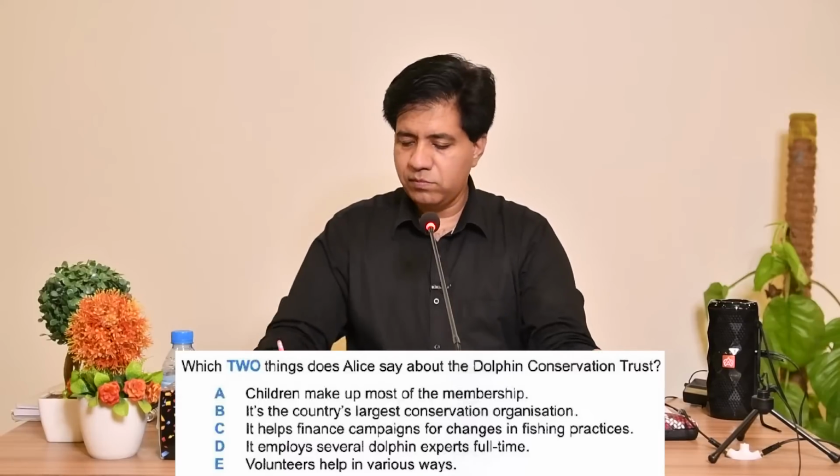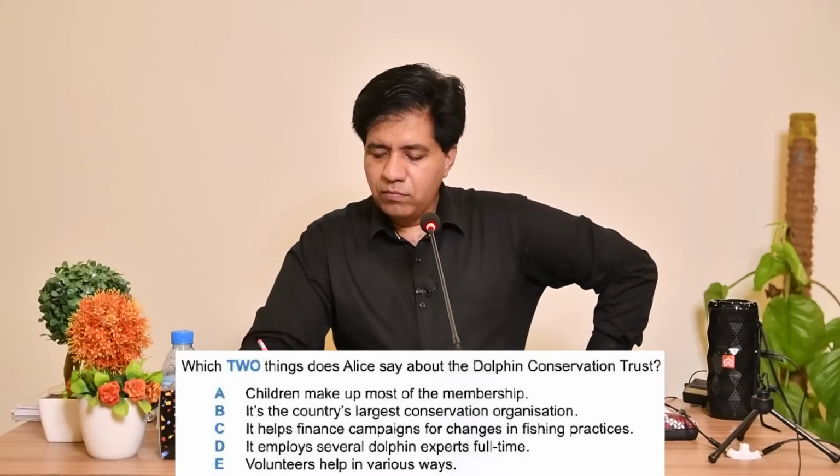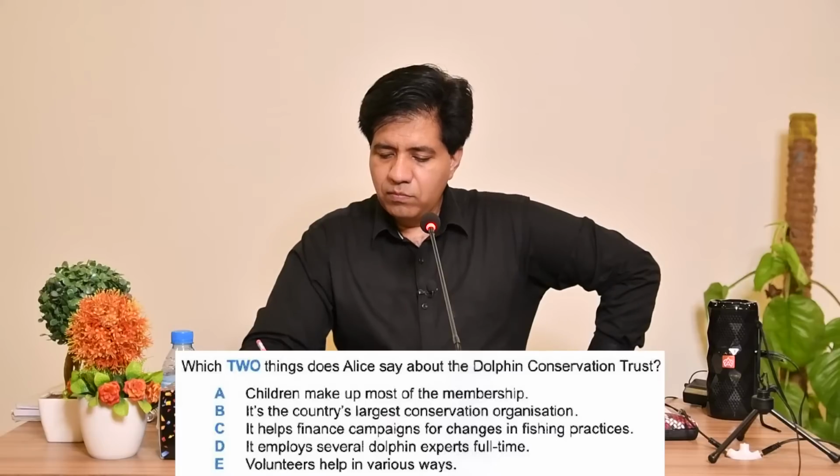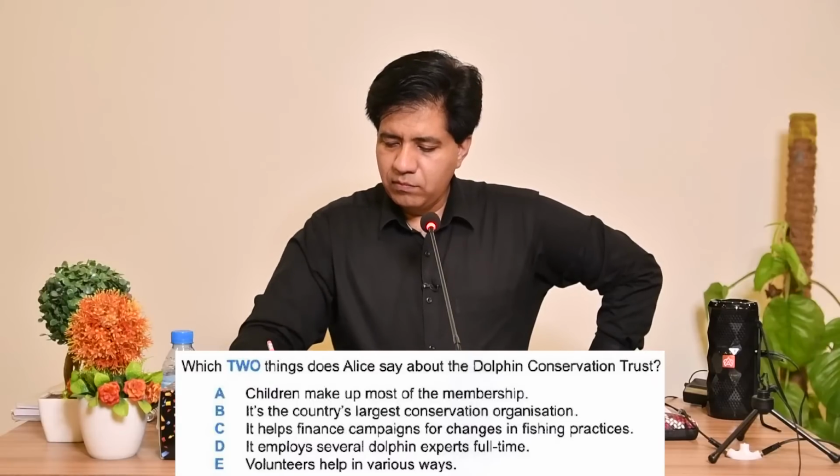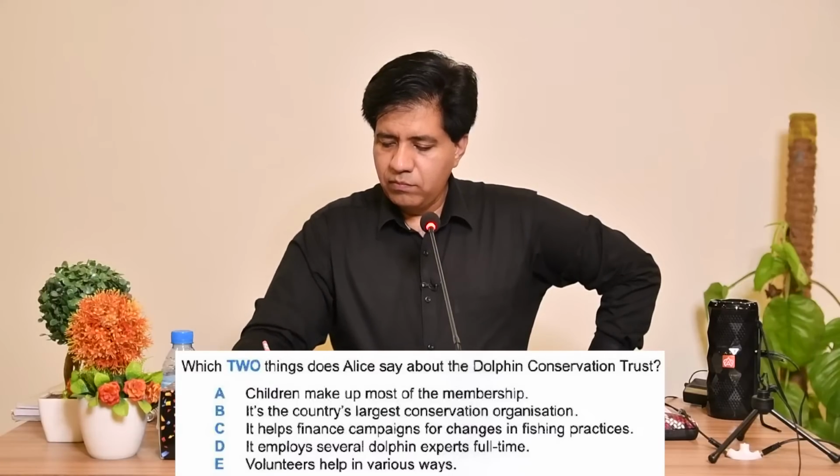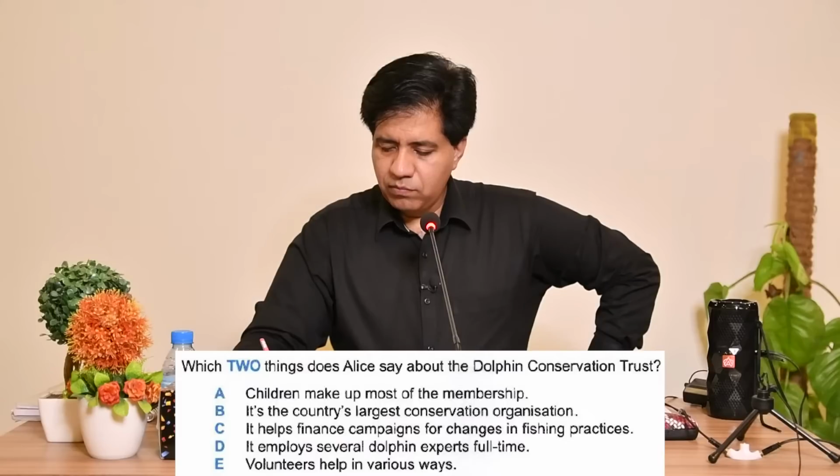It tries to raise people's awareness of the problems these marine creatures are suffering because of pollution and other threats. It started 10 years ago and it's one of the fastest growing animal charities in the country, although it's still fairly small compared with the big players in animal protection. We're particularly proud of the work we do in education.